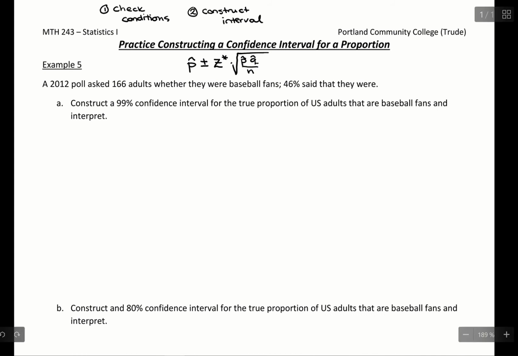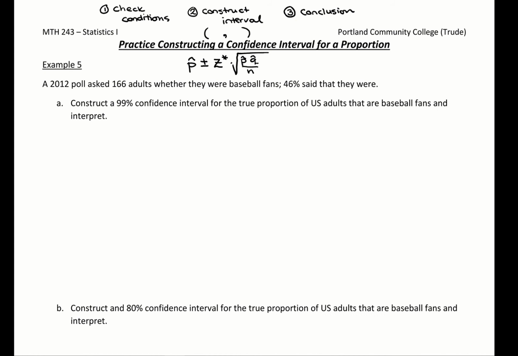So when we construct the interval, we should end up with lower bound, comma, upper bound for an interval. Then once we get the numbers out, that third and last step would be to write a conclusion. We need to make kind of a sentence summary of what did we find, putting together our confidence level, the values we found in the interval, along with the description of our population proportion.